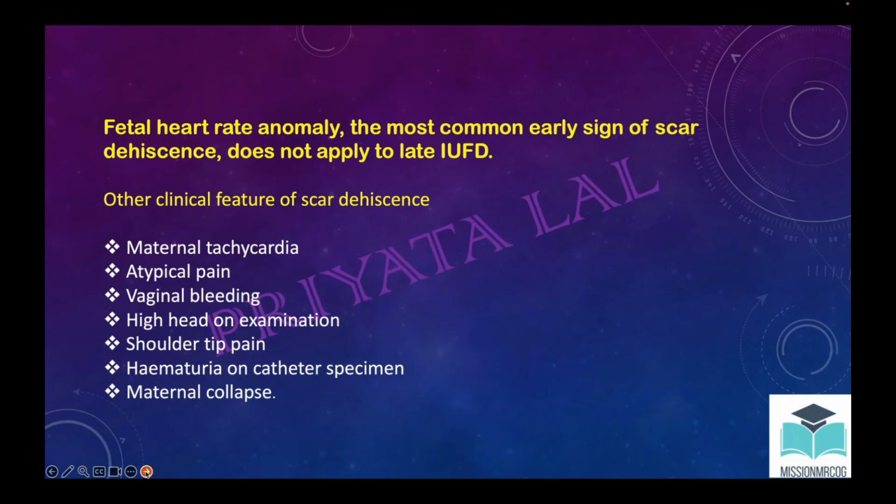Maternal tachycardia, atypical or unusual pain, vaginal bleed, fetal head appearing very high, shoulder tip pain, which means intraperitoneal bleed is there, hematuria in the catheter specimen, or maternal collapse. So these are the features of scar dehiscence apart from the fetal heart, but the fetal heart cannot be seen, you already know.